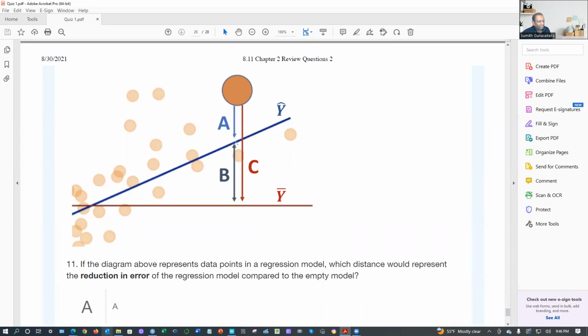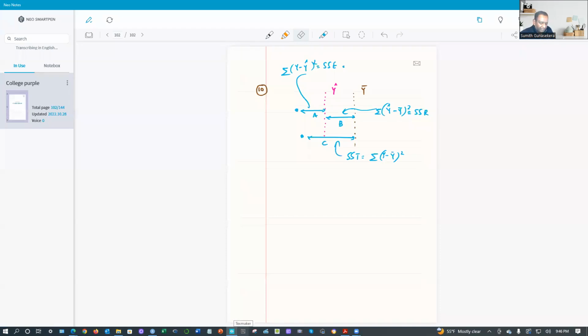This is the sum of square regression. That's the reduction in error. This one is the error left over from the model. So in another way, in this model, this is your point, this is y hat, this is y bar.